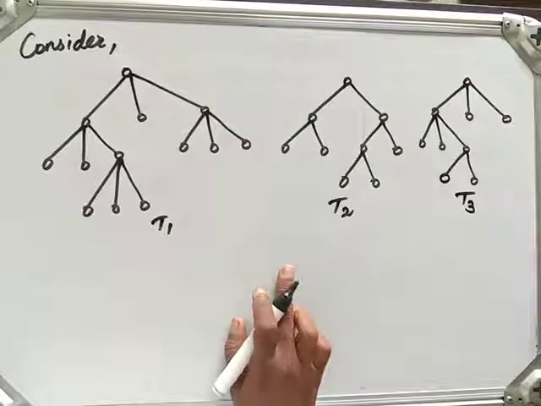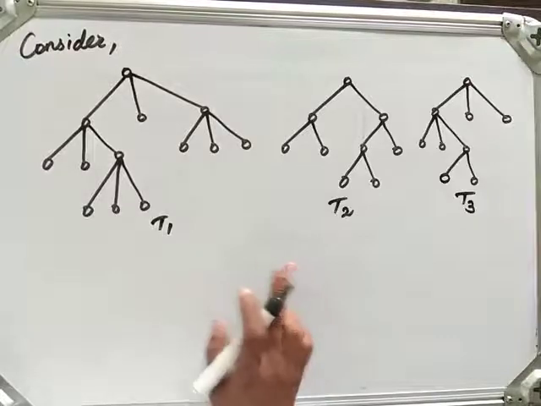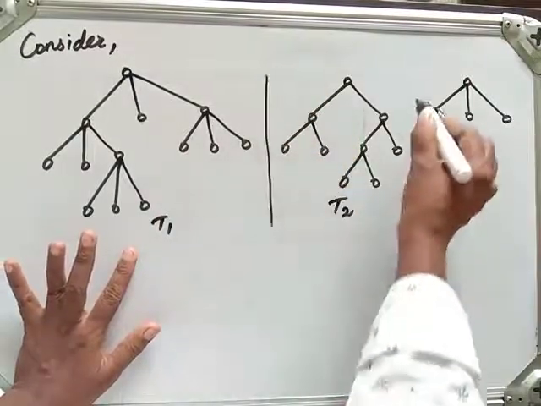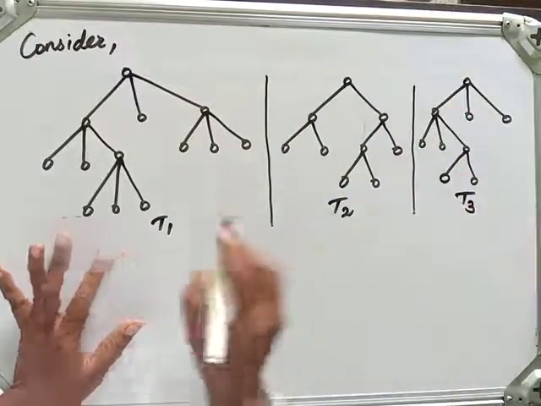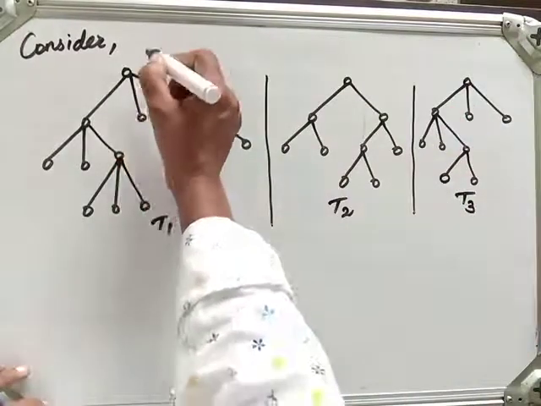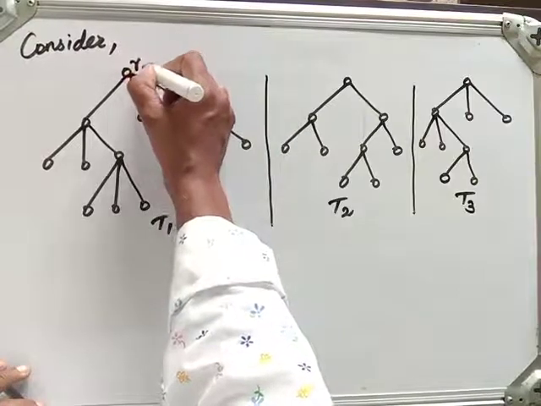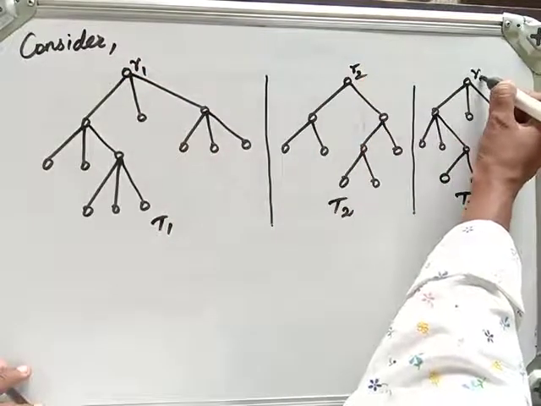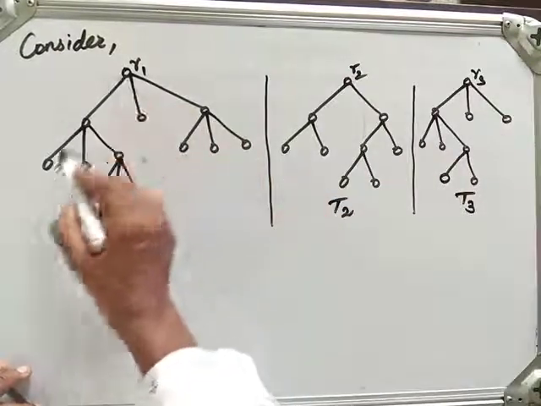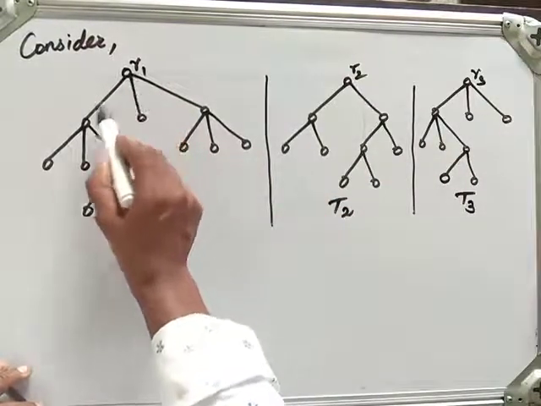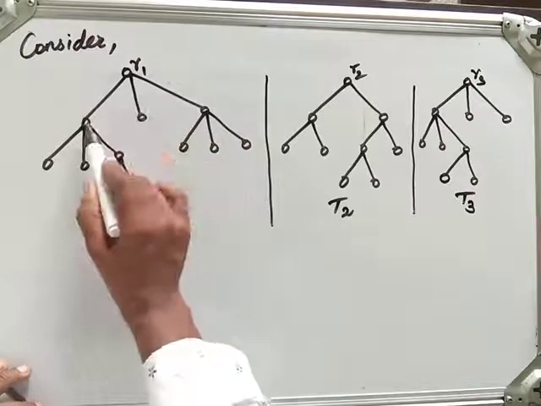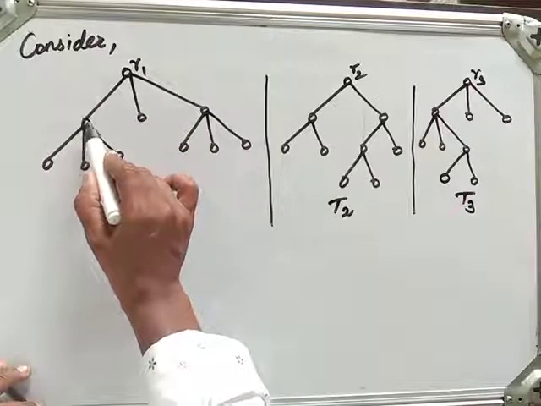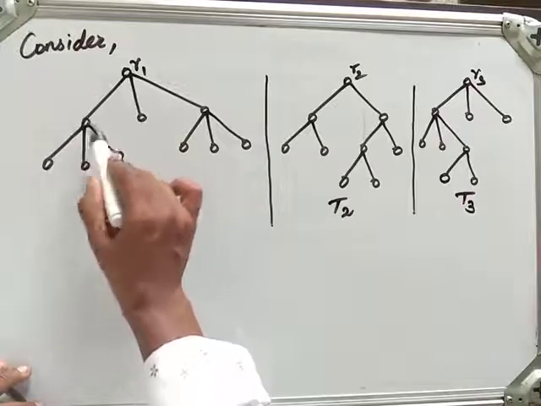Now for understanding the definition of m-ary tree, let's see these three trees. Let this be T1, this is T2, and this T3. Now look at this. Here this is a root, let it be R1. This is the root of this one, and the root of this one. Now here, if you look, this root has how many children? 3 children. Again, the children of that one will become parents, and then that has again 3 children.